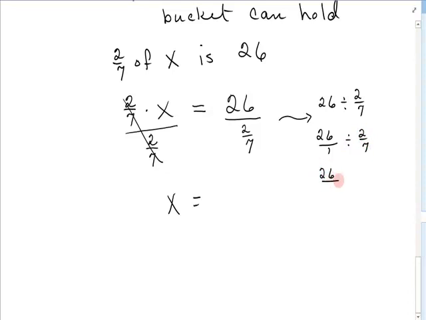Keep 26 over 1, change, flip for 7 over 2. 2 goes into itself once, 2 goes into 26 13 times. Now I need to multiply the tops. It's 13 times 7. That's 21, carry the 2. That's 7, 8, 9, 91. So this is 91 over 1. So it is 91.